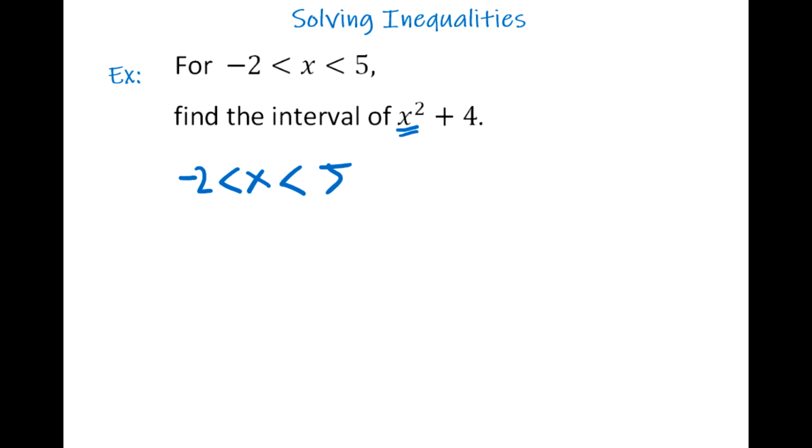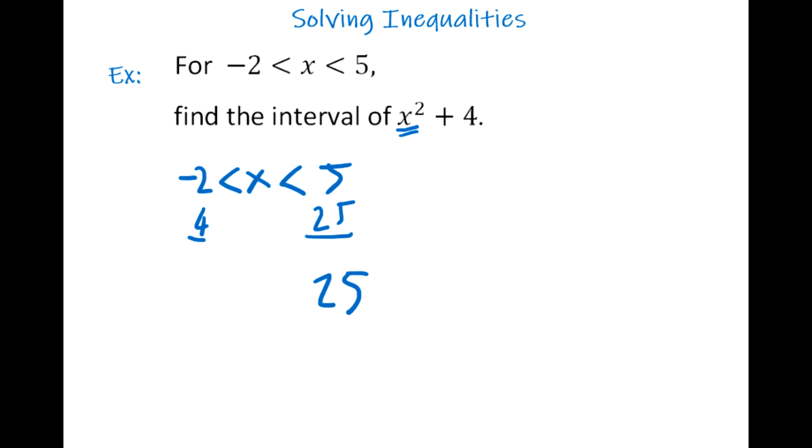Once you take the square of both sides, let me take the square of both sides. Here we're going to have the square of -2 is plus 4, and the square of 5 is 25. Whichever one is greater, I'm going to write on the right side, because 25 is greater than 4, so I'm going to write 25 on the right.